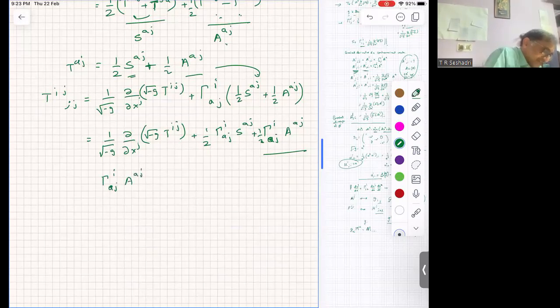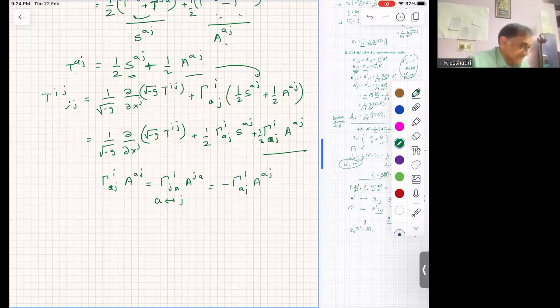Gamma IAJ AAJ is equal to, I will just interchange A and J because they are dummy indices, gamma IJA AJA. But now this is equal to gamma IAJ, which is symmetric, and then a minus sign AAJ.